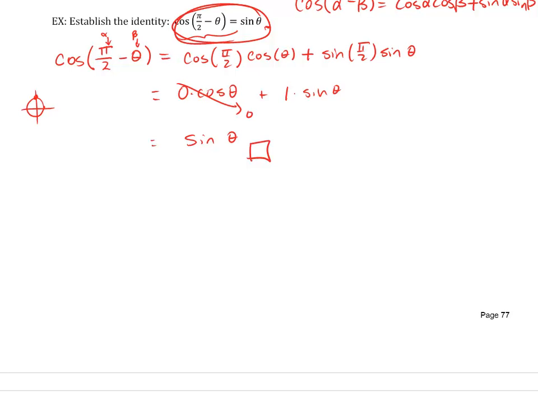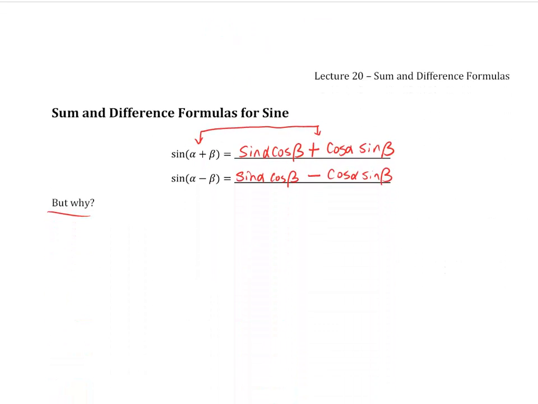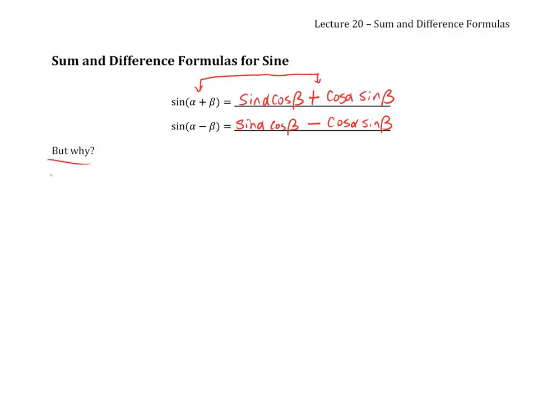And the reason why that's helpful is then I could take, for example, if I wanted to find the formula for sine of alpha plus beta, think of this whole thing as my theta. Then I can rewrite that using cosine of pi over 2 minus theta is sine of theta.